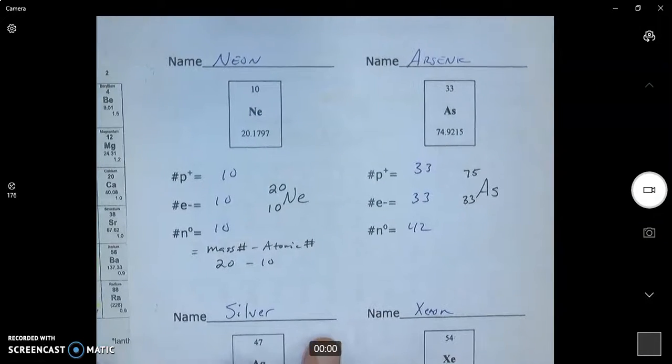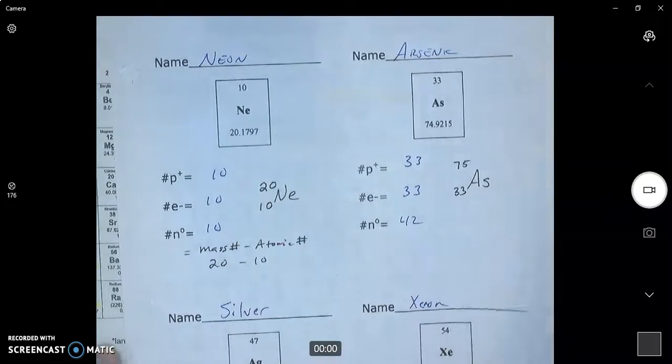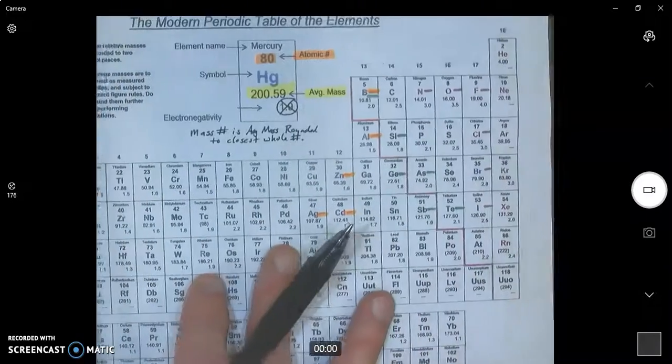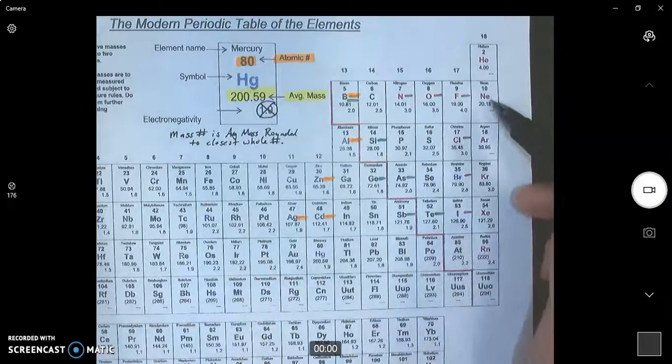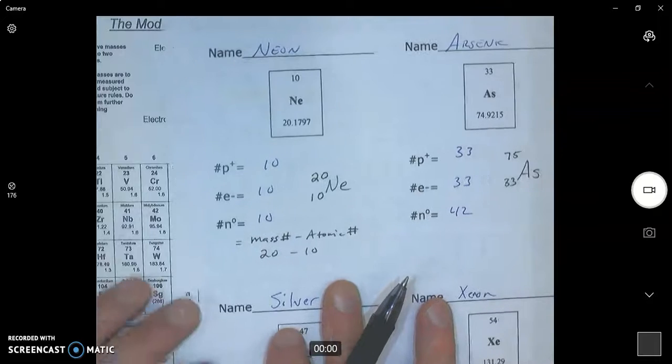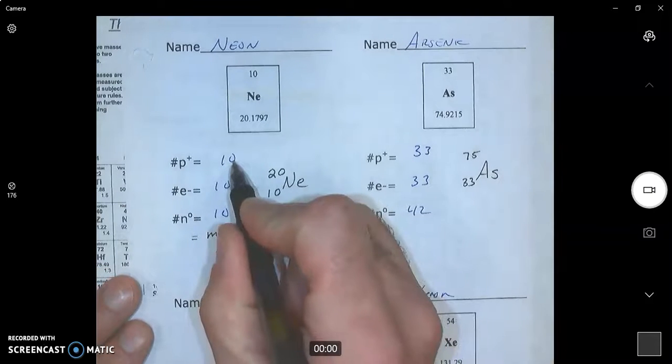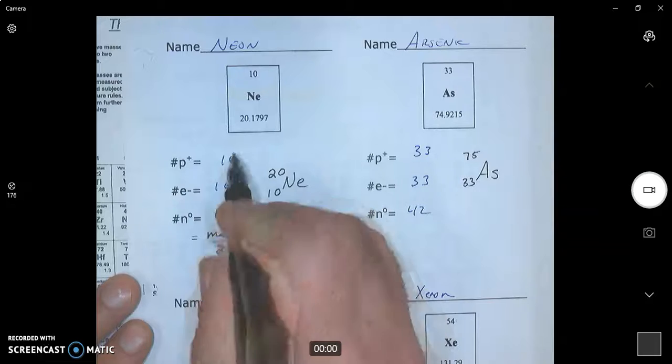Neon. We know that it's neon by the symbol. We can look over on our periodic table right there. You can see neon. Atomic number 10, mass of around 20 if we round it. And we end up with 10 protons. Number of protons equals the atomic number.